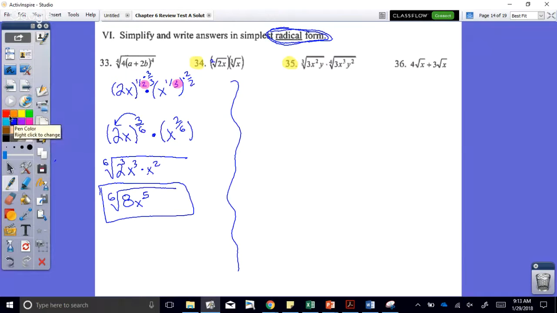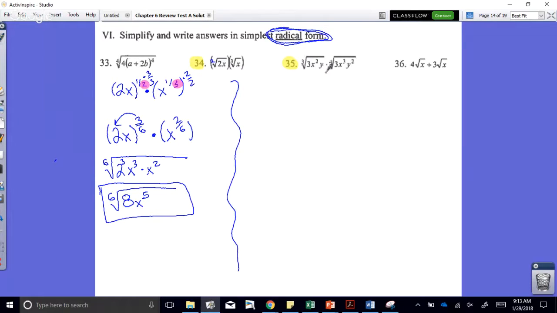So we're going to do that same kind of thing with this one. The first thing I'm going to do is notice that the index doesn't match, so I'm going to have to use exponents. Okay, I have 3 to the 1/3, x to the 1/3, and y to the 1/3.